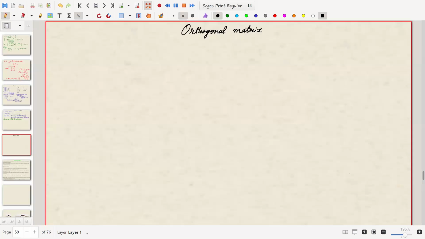Okay. A square matrix A, I'm telling you the definition.